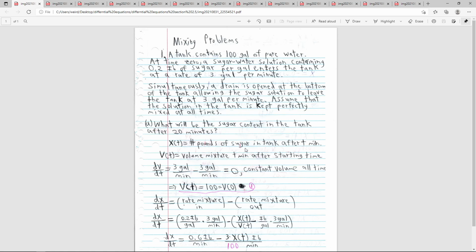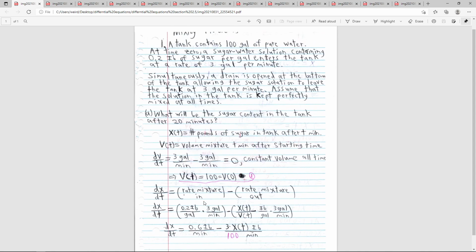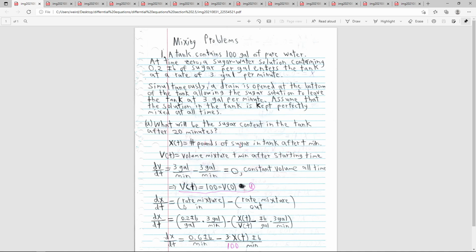And that's how we do it here. So dx/dt is rate of mixture in minus rate of mixture out. And in this case, we have constant volume because the rate in is the same as the rate out.